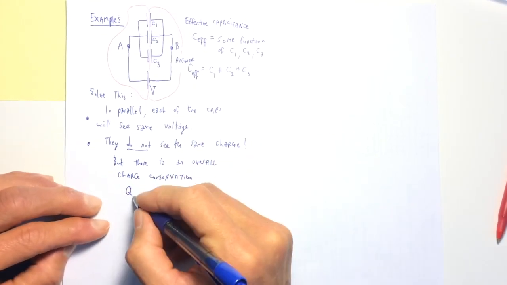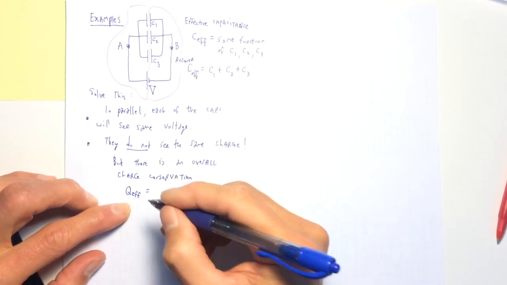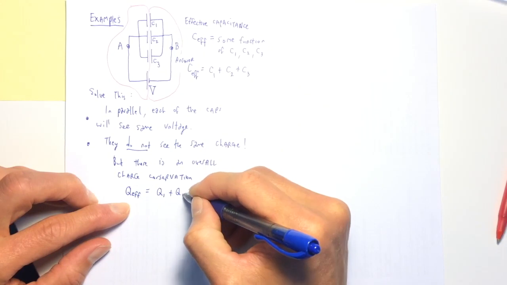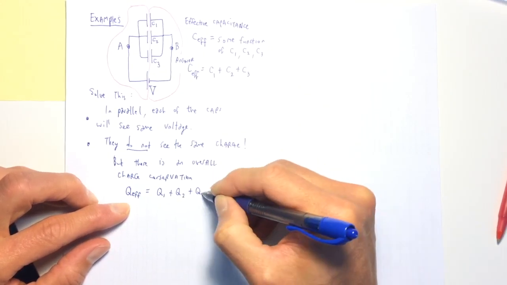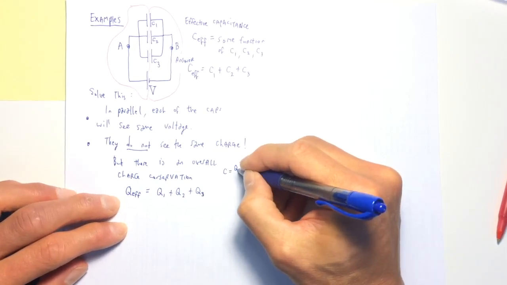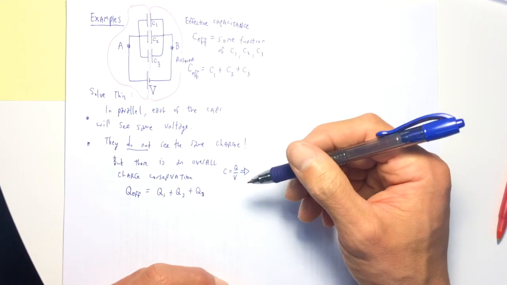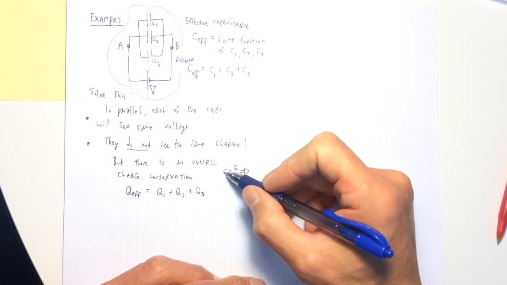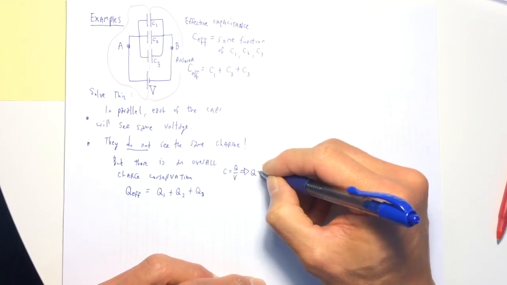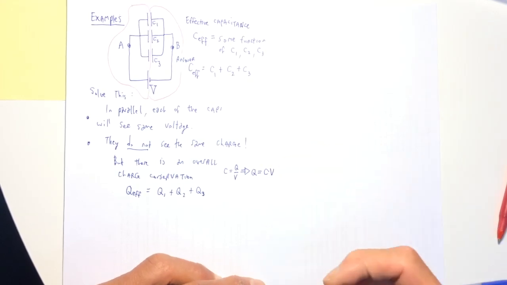That is, the charge Q that separates over the effective capacitor is equal to the charge that separates over capacitor 1 plus the charge that separates over capacitor 2 plus the charge that separates over capacitor 3. And if you couple this with C equals Q over V, the definition of any of the capacitances, then over any separate capacitor, including the effective capacitor, Q is CV.